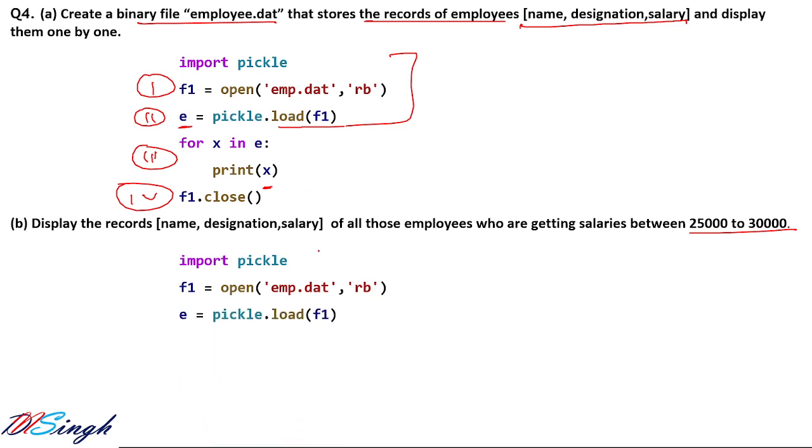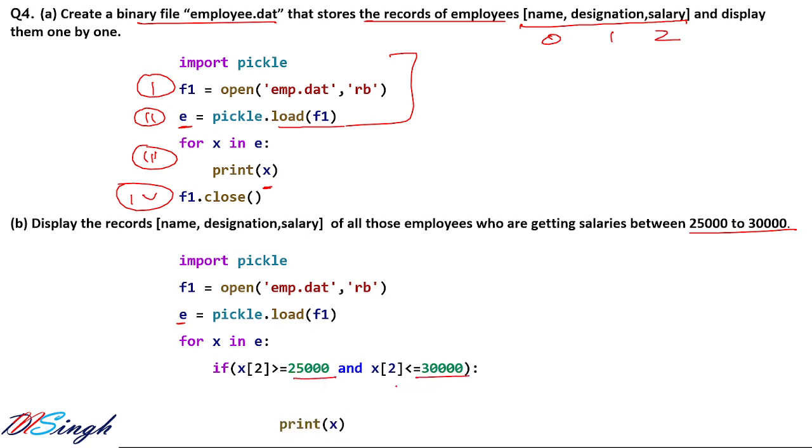Then we put a for loop, and inside it an if at index 2. Salary is available at index 2 (0, 1, 2). If it is greater than or equal to 25,000 and less than or equal to 30,000, print that particular record. After that, close the file.